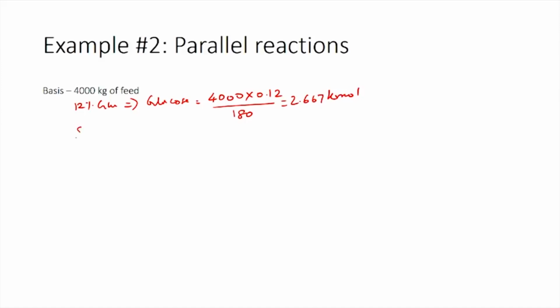So, the rest 88% is water. This implies that the amount of water present in the feed would be 4000 times 0.88 divided by 18, which is the molecular weight of water, to give the total number of moles as 195.6 kilomoles.